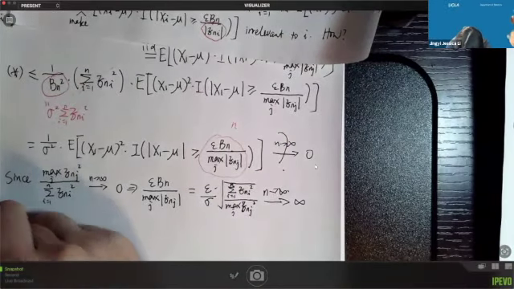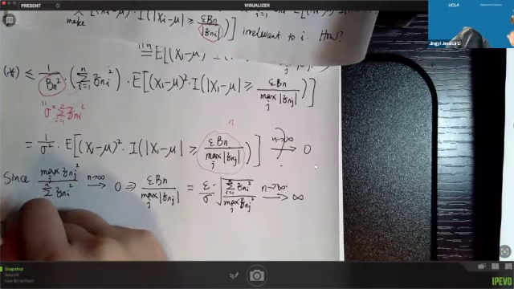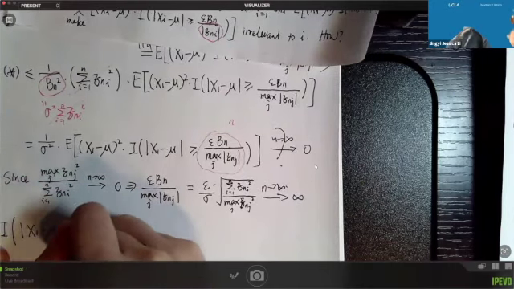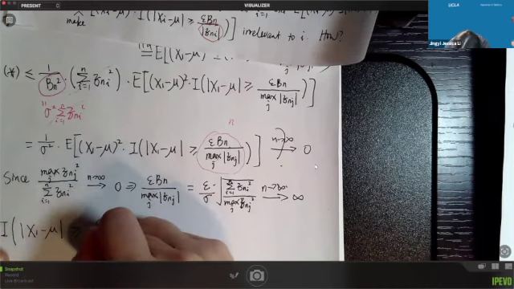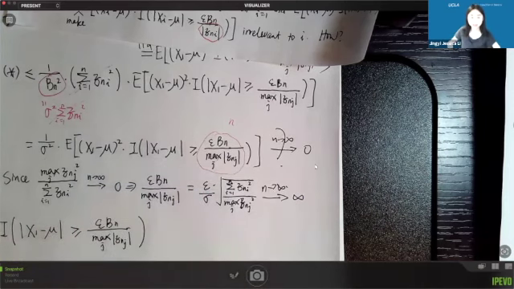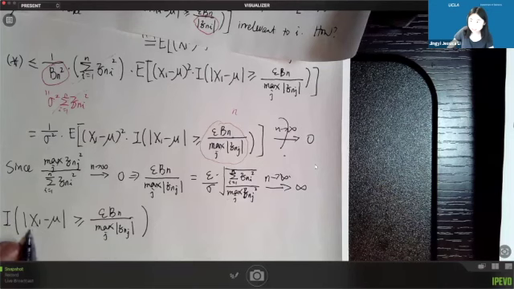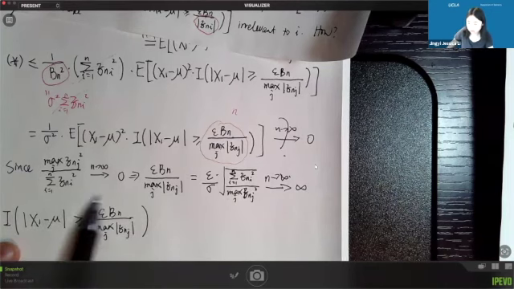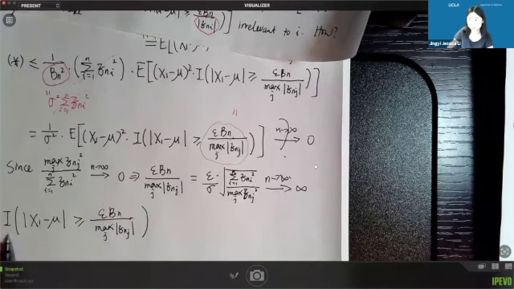So I have the indicator, and the indicator is actually a random variable sequence. Why is that? X1 is random, right? So this event is random, and therefore the indicator is random.